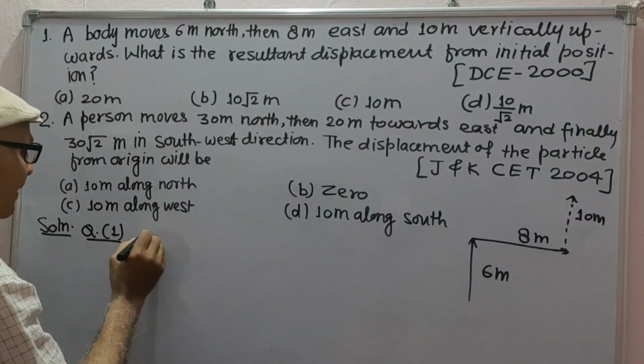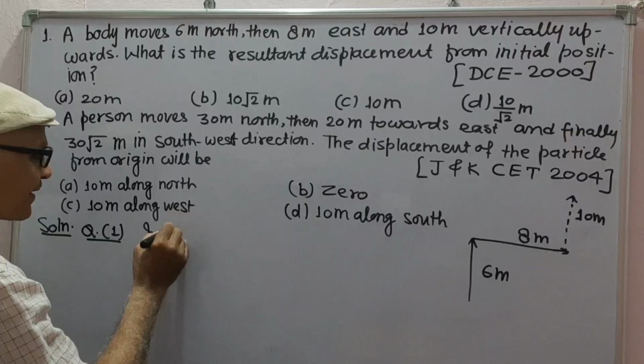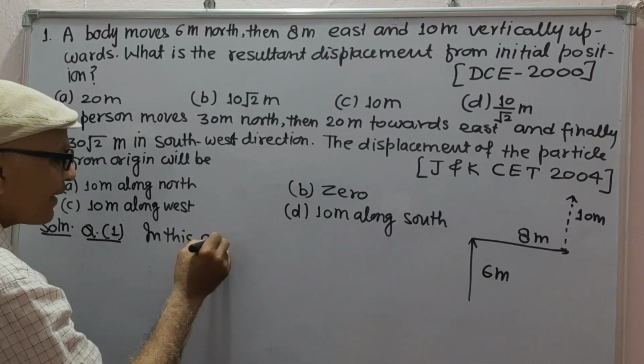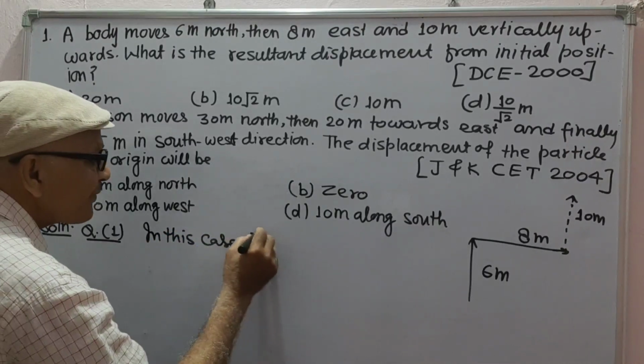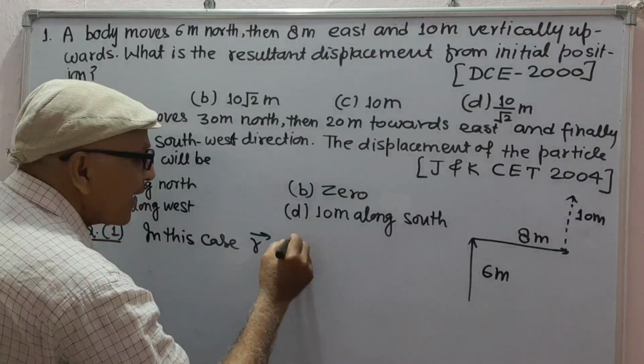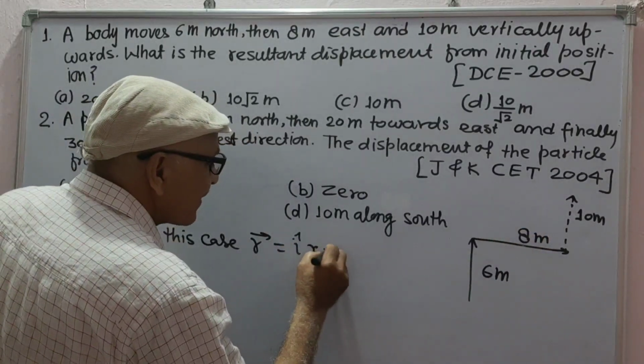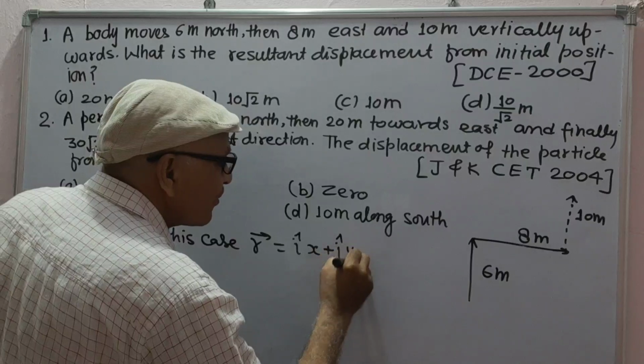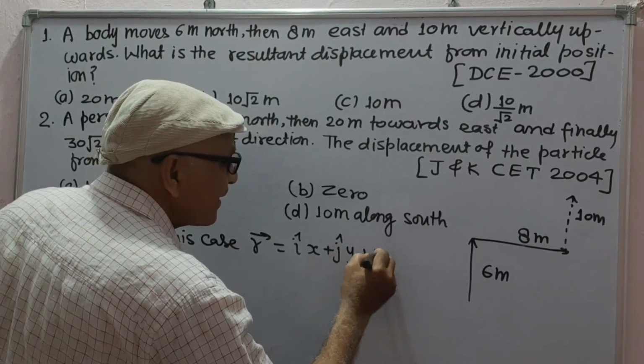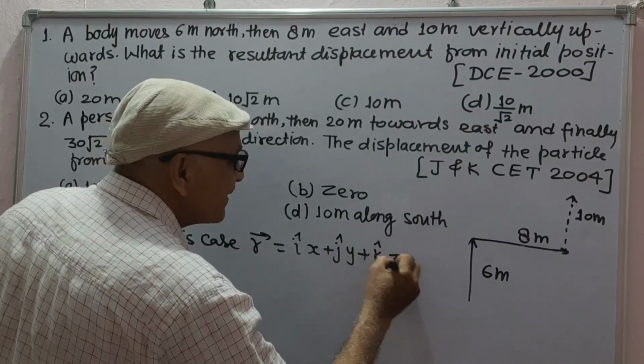Therefore, in this case, radius vector will be equal to i into x plus j into y plus k unit vector into z.